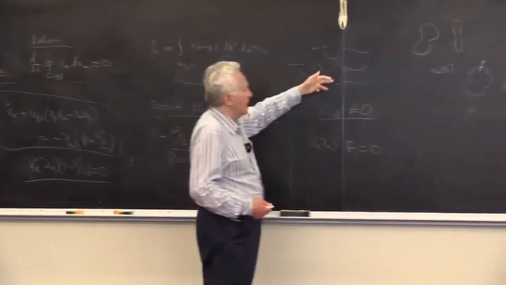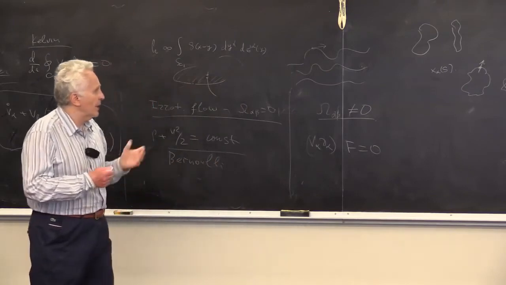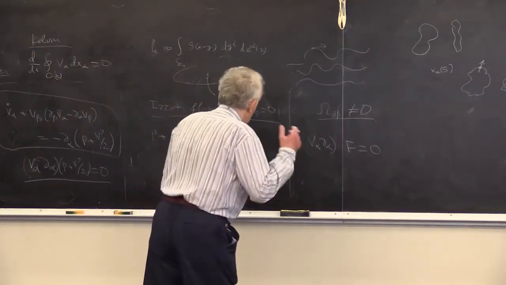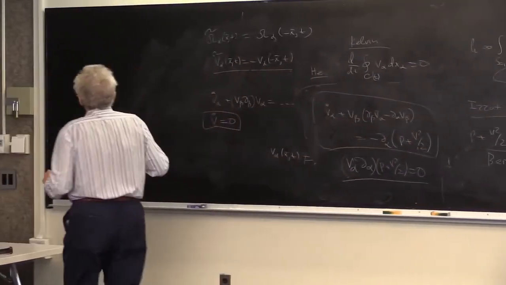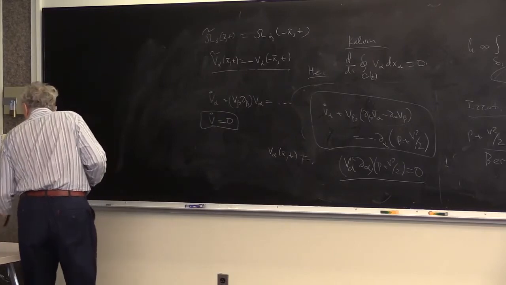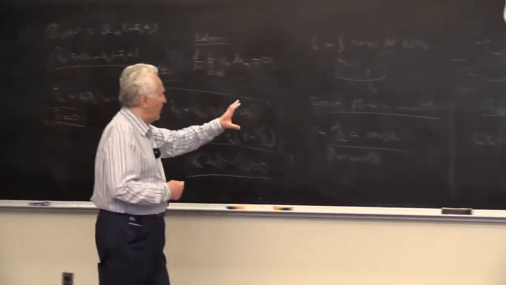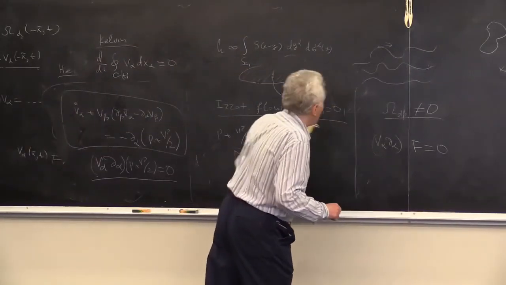There it will also be the same on different streamlines, but it's not the case in general. Still, it's very useful even in this form. We will see this in the next part of this lecture. Okay.